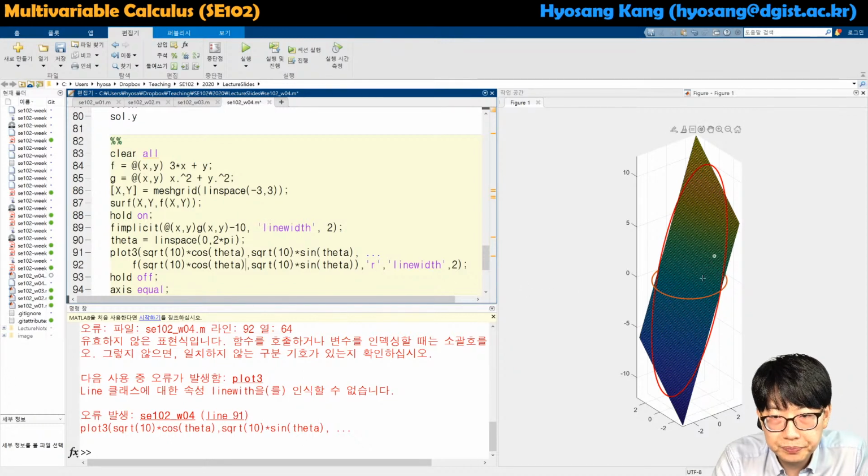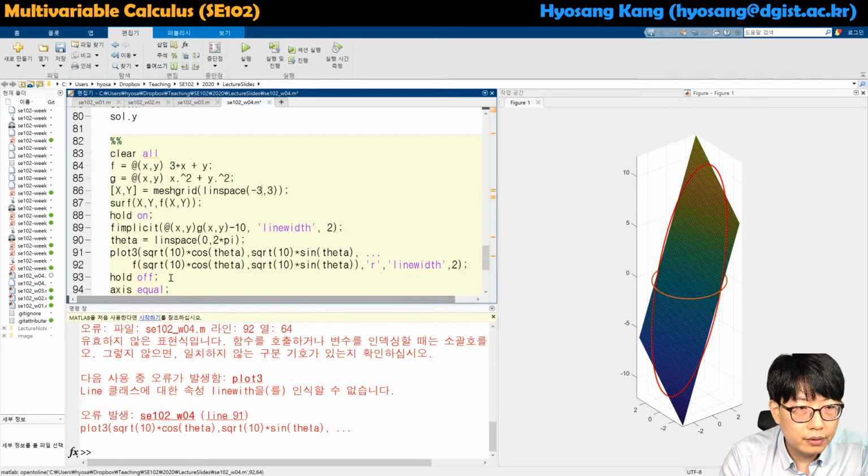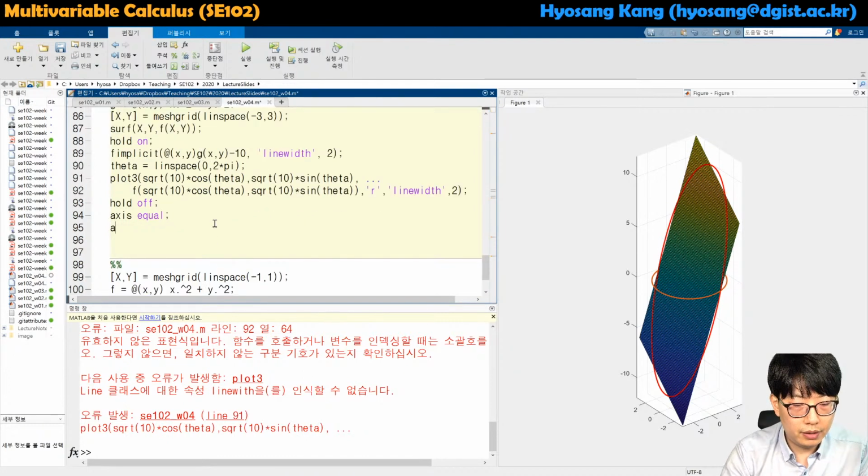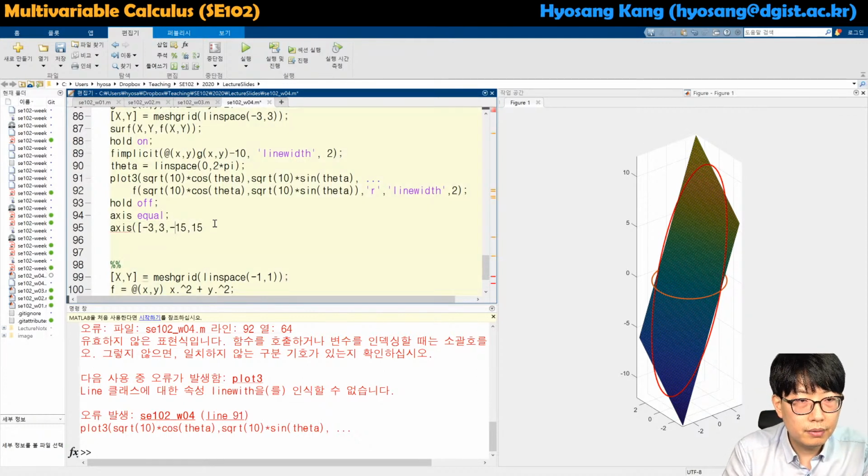Anyway, let's make it larger. The x axis from minus 3 to 3, and the other axes from minus 15 to 15.